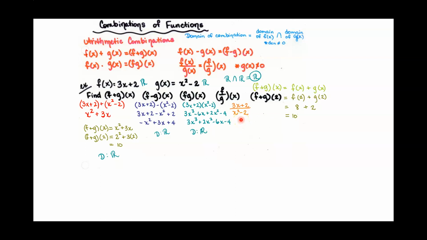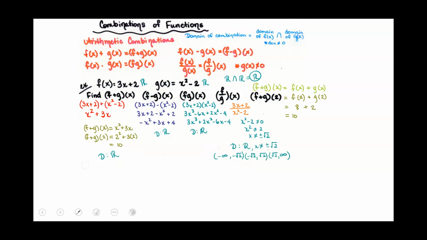All right, so our denominator cannot equal 0, so we're going to see where our denominator cannot be equal to 0. So add 2 to both sides and then take the square root of both sides, and we get x cannot be a positive or negative square root of 2.